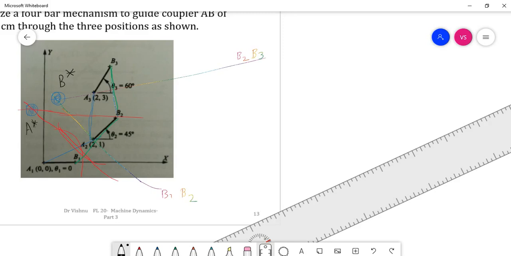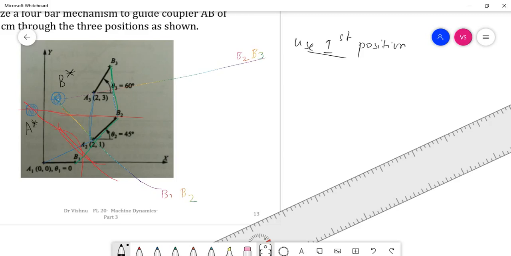Now after this, it depends on the problem. Either you can draw for the first position or the second position or the third position. This A star, B star are grounds, so they cannot change their position. It's always fixed. So if for example the question says use first position, then since they say first position, you have to go to A1, B1.